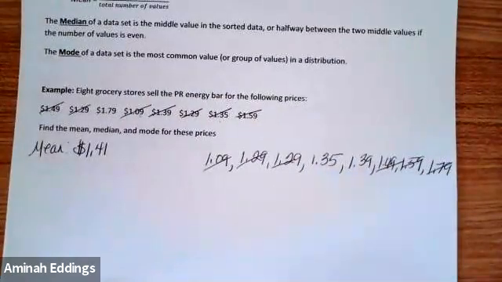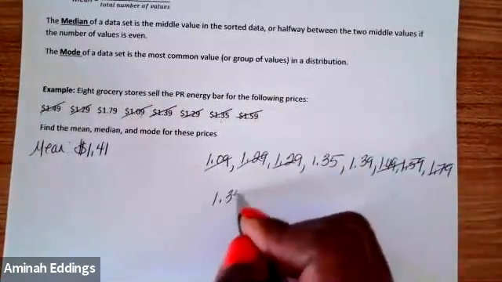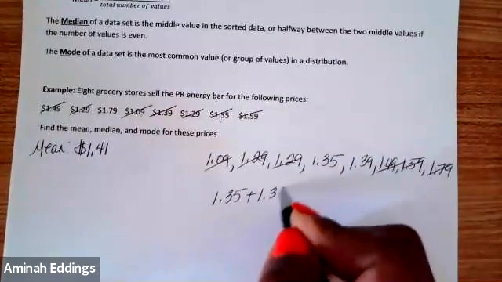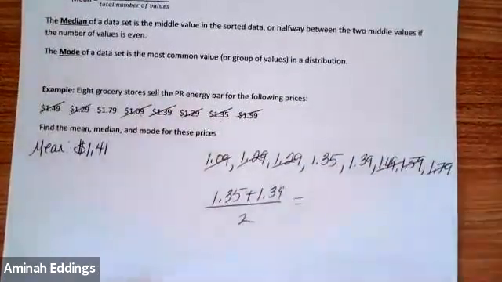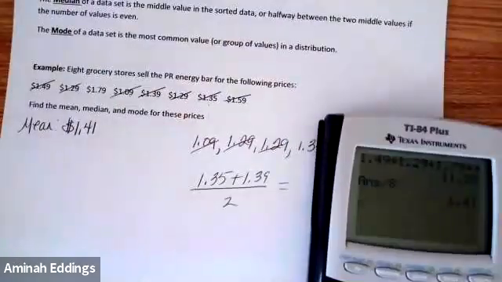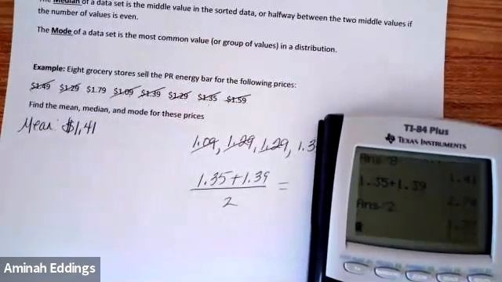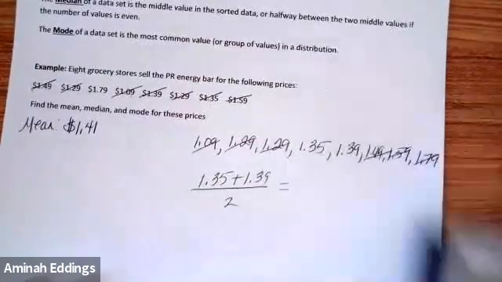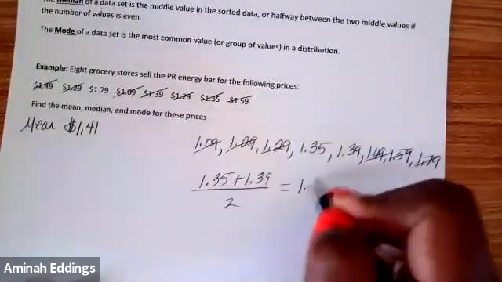And so we would say 1.35 plus 1.39 divided by 2. And so our median is $1.37.